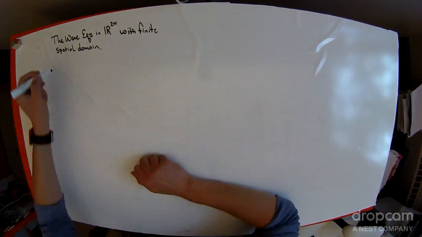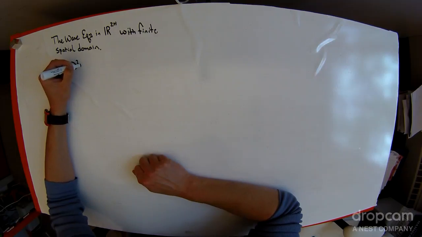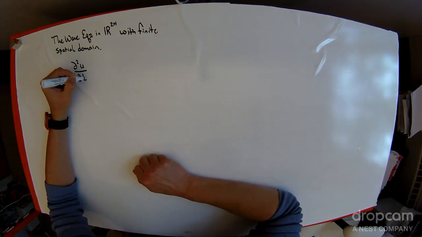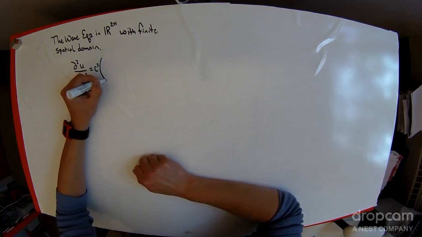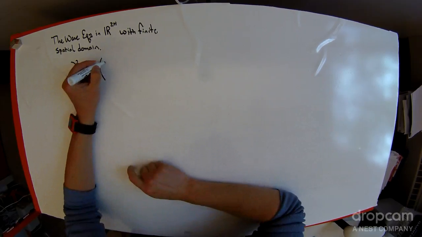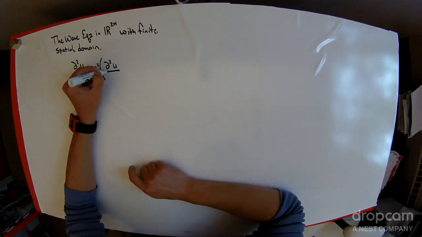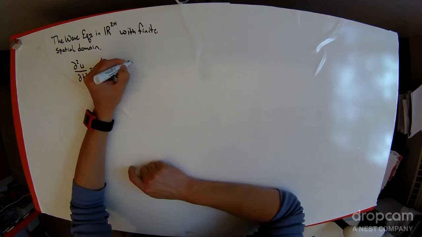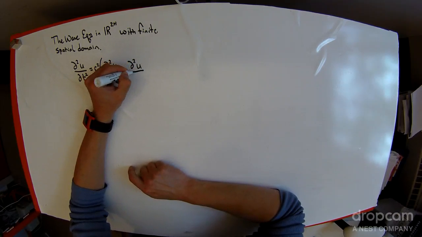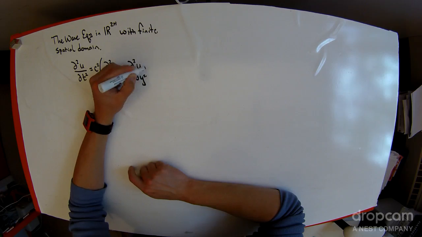So the wave equation in R2 plus 1 looks like the wave equation in one spatial dimension and one temporal dimension, and so that would look something like this. But what we're going to do is introduce another spatial dimension, a y dimension.